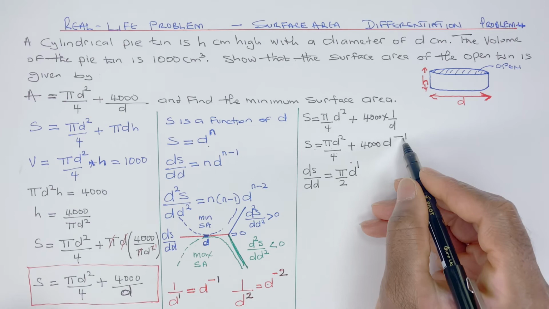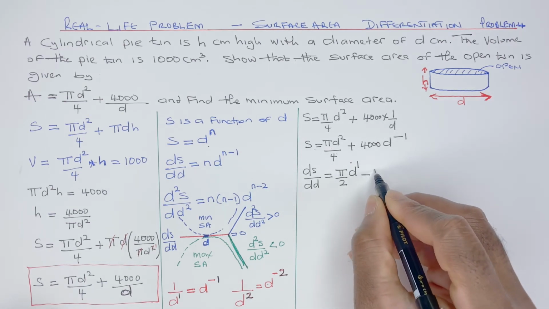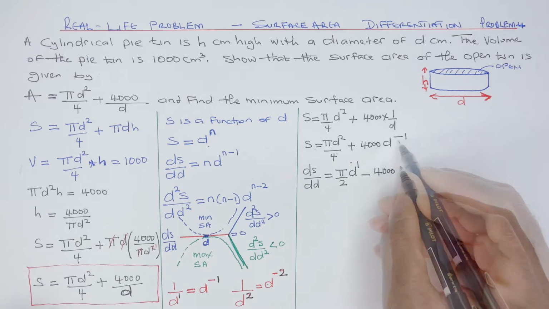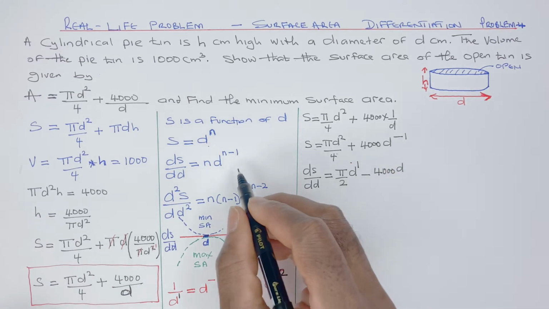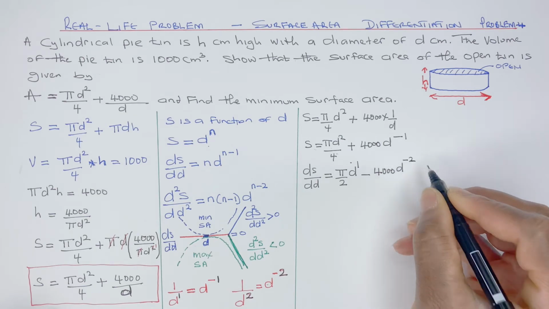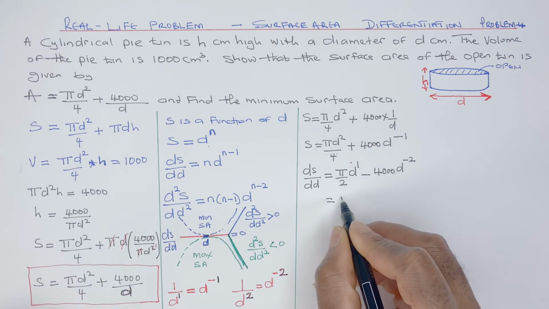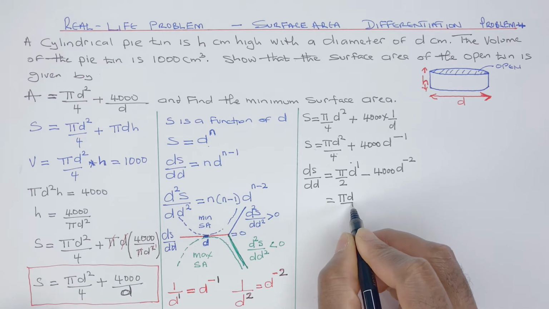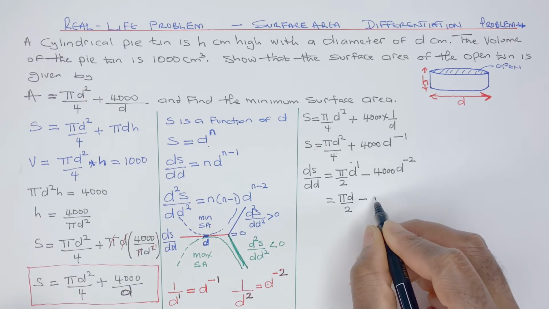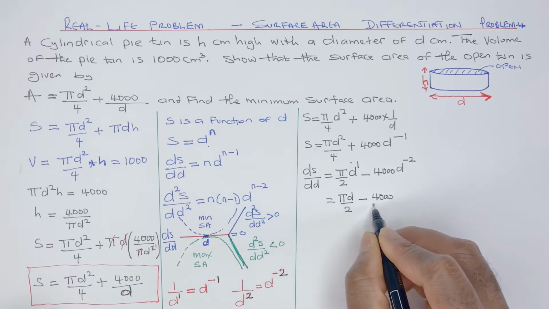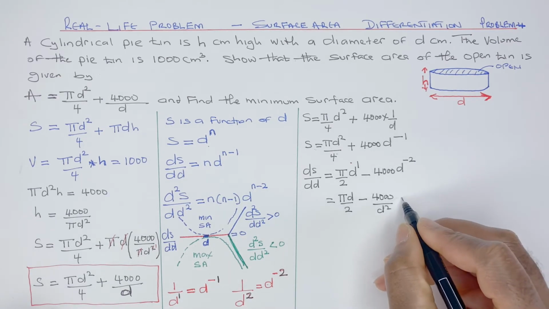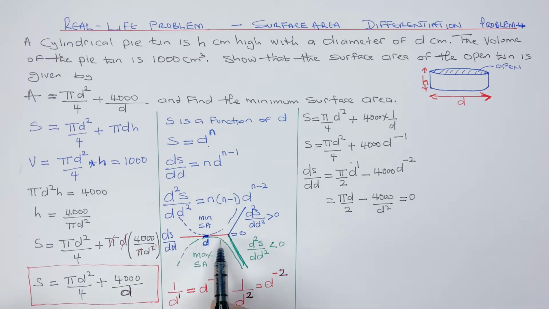Now this is minus 1 times 4,000, that would be minus 4,000 D to the power minus 2, and you can see D to the power minus 2 is 1 over D squared. So that will be pi D over 2 minus 4,000 over D squared. And that has to be equal to 0, because that's the top of the hill there, or the bottom of the dip. So which is which? We're going to find out.